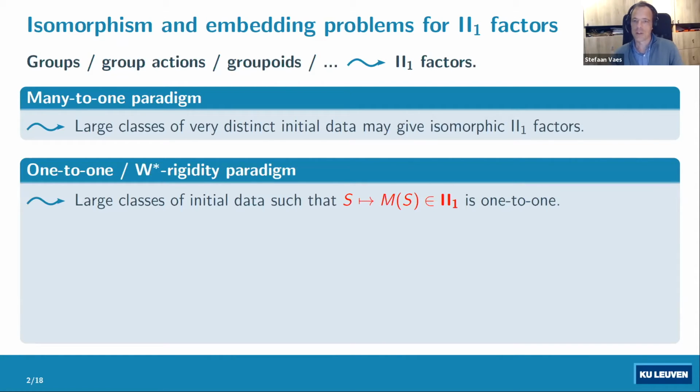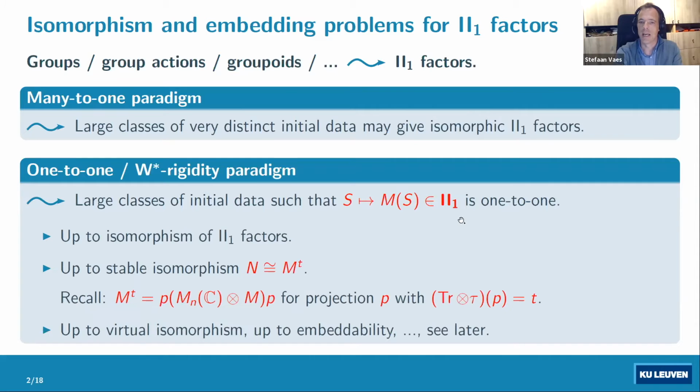So different types of groups and group actions and so on may be so that the arrow that sends the group to its von Neumann algebra is 1-to-1. Now, of course, we have to specify then in which sense this is 1-to-1. And this can be, of course, plainly up to isomorphism of von Neumann algebras.